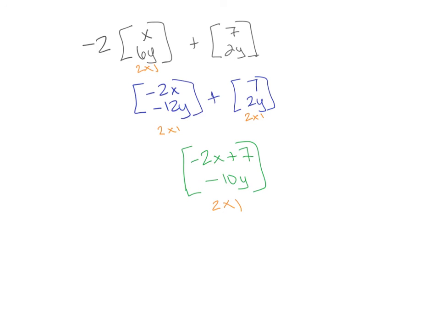One last one, just to throw another example at you. You guys can try this one on your own, and I'll wait for you to finish. So let's say we have the matrix negative 2y, 0, plus 0, 3x, and yx.